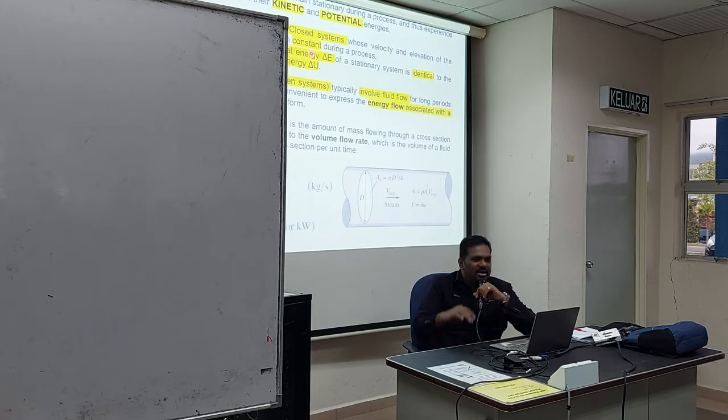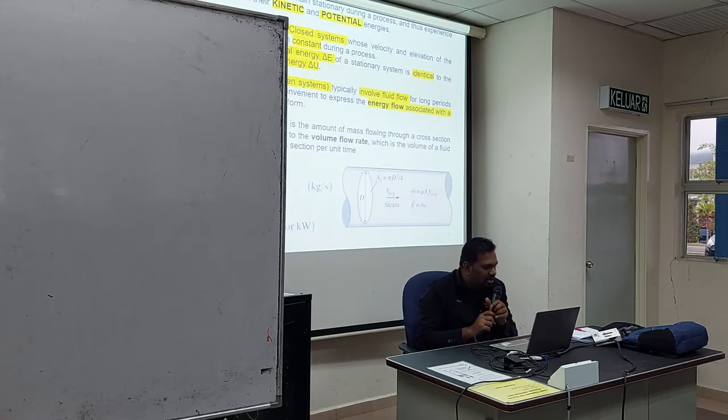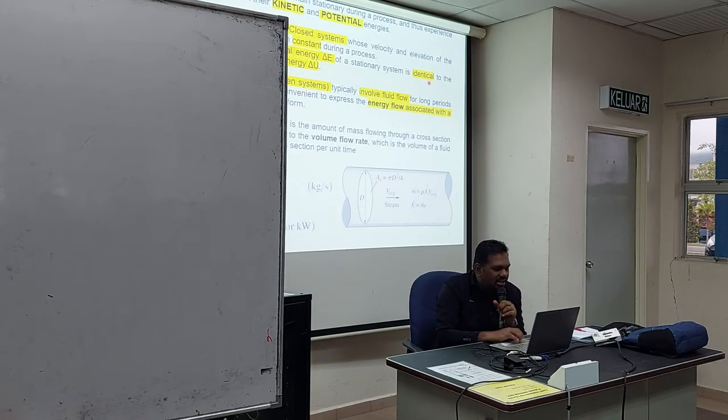Kalau velocity dengan elevation, ketinggian dengan speed adalah sama, so maksudnya the system adalah stationary system, constant, selalunya sama. The change in the total energy of a stationary system is identical to the change in the internal energy. So total energy dia totally depend on the internal energy tadi. So dia tak berubah. So sistem pun the total energy pun tak berubah.